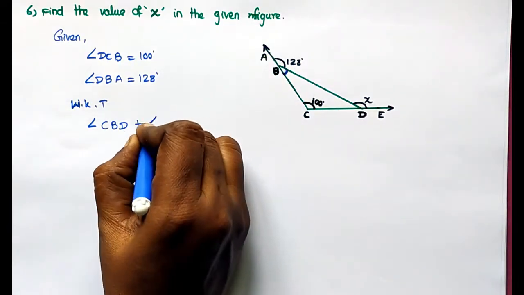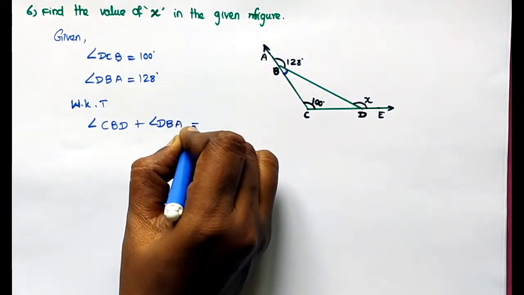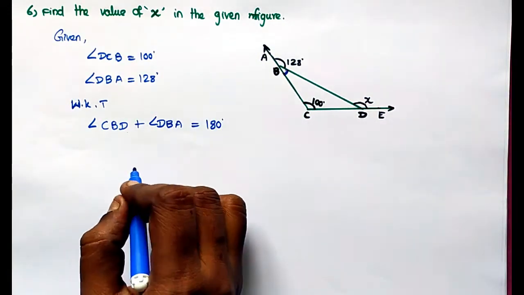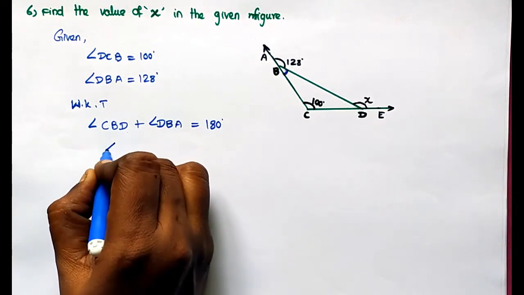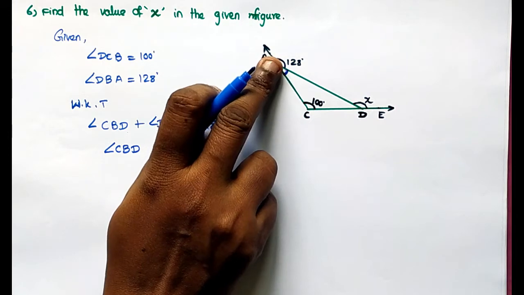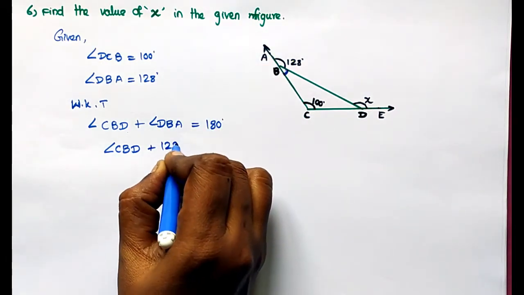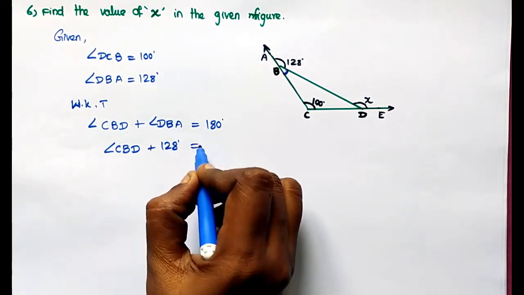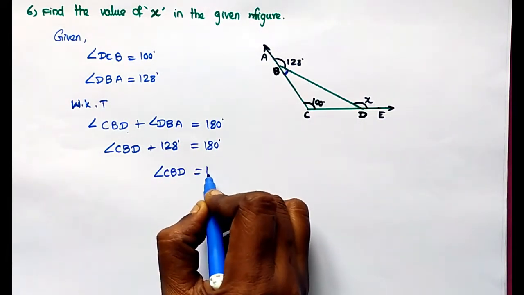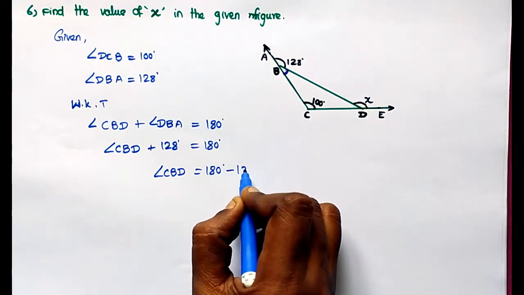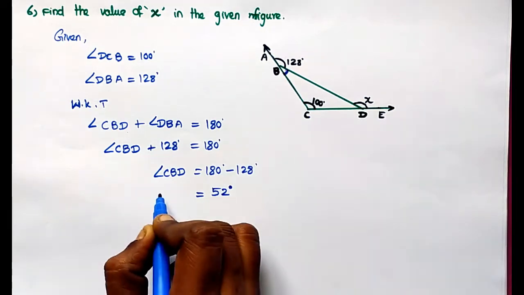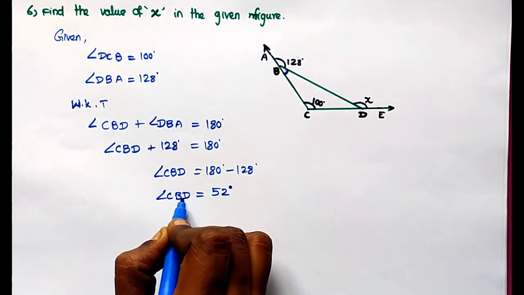So angle CBD plus angle DBA equals 180 degrees. We don't know CBD, but this we know, DBA equals 128 degrees. So angle CBD equals 180 minus 128. That is how much? 52 degrees. Angle CBD.